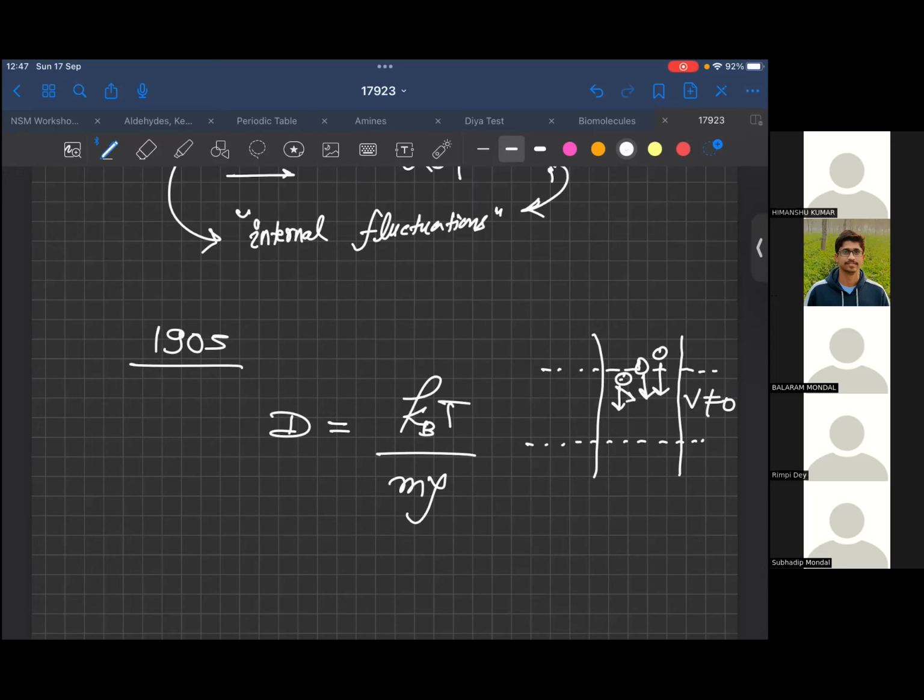So it's going to have some drift velocity. That drift velocity UD is given by the change in potential gradient divided by the frictional constant m gamma.